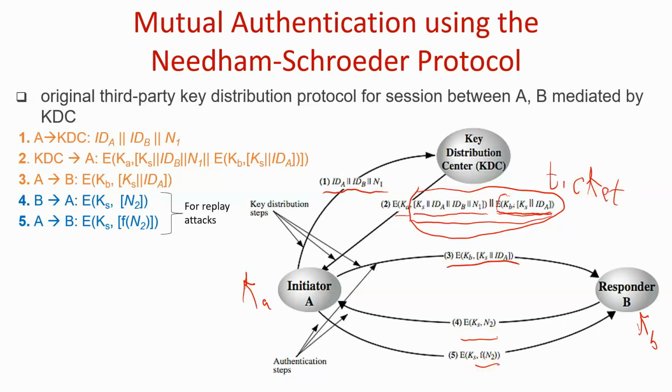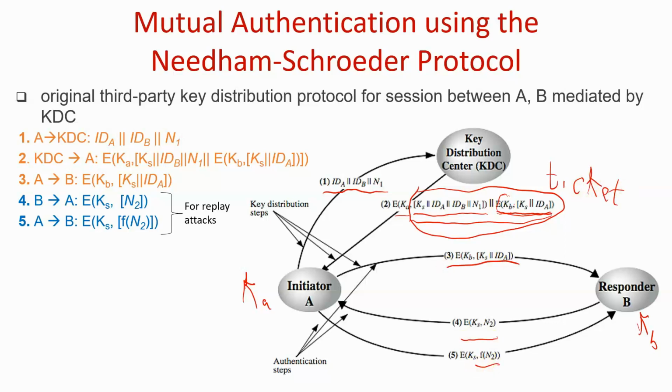Now let's examine where the authentication aspects take place. First of all, this protocol includes several challenge-response mechanisms used for authentication. For example, A sends a nonce in step 1, and the KDC sends the nonce back in step 2 encrypted with KA. This is the first authentication step.